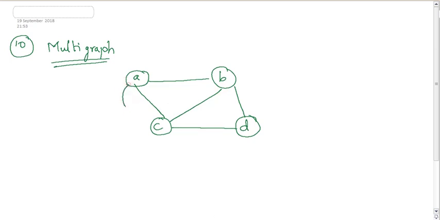So something like this, there are two edges between A to C and a loop. So if this graph has multiple edges among the same set of vertices or a loop, then we are going to call it a multigraph.